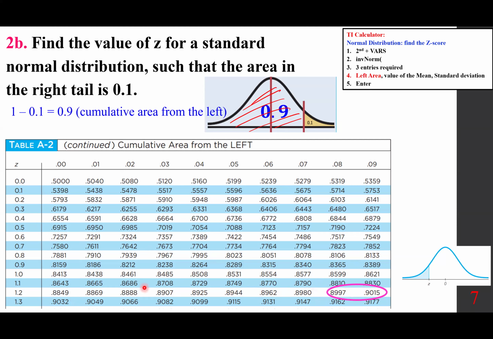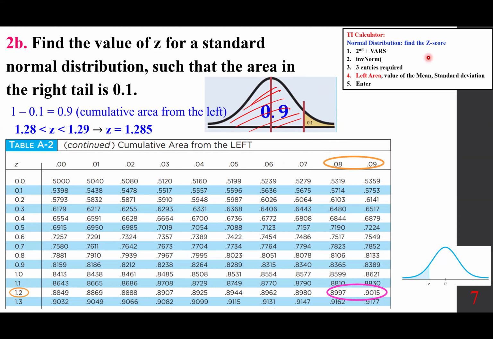So on the left side, you see the number 1.2 at top, 1.28 for 0.8997, or 1.29 for 0.9015. And so these are the two numbers in between. And z is between these two numbers, as I mentioned, 1.28 and 1.29. You can go with 1.285.